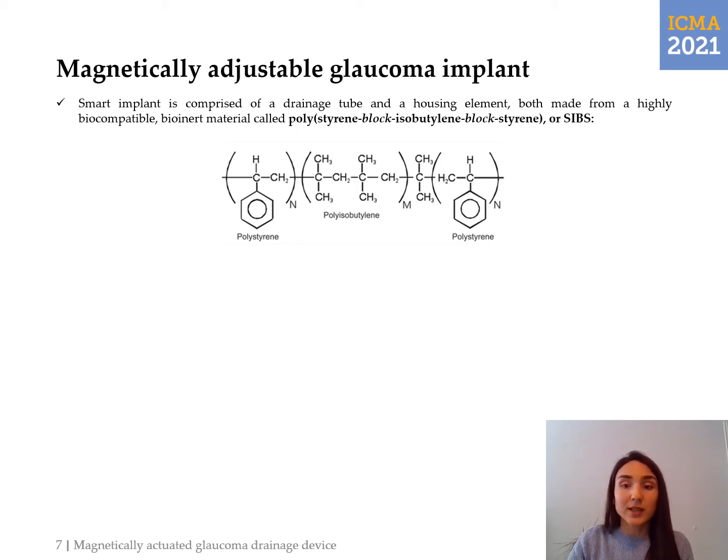This is a thermoplastic copolymer that the PreserFlo microshunt that I showed you before is made of. It is a very biocompatible material that causes minimal tissue reaction, and it has been proven to be a superior material, and it's because of that that the PreserFlo microshunt has very high success rates.